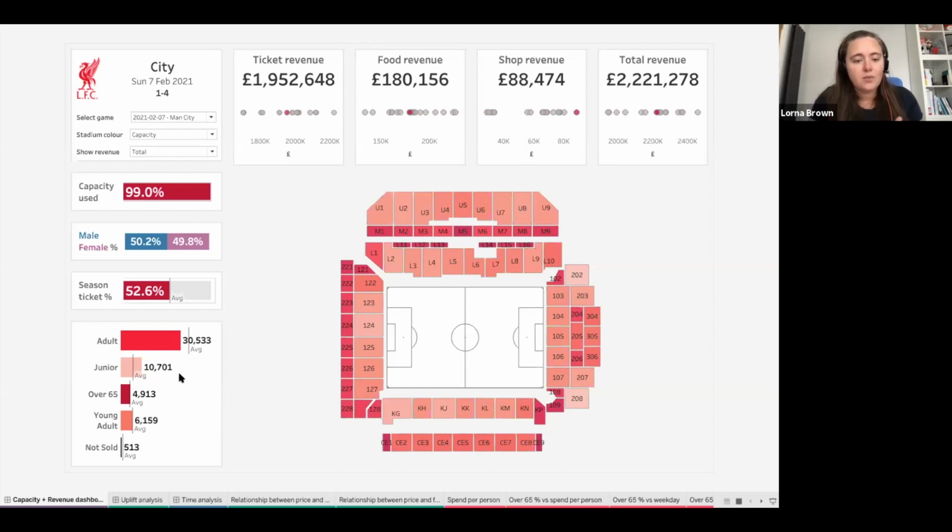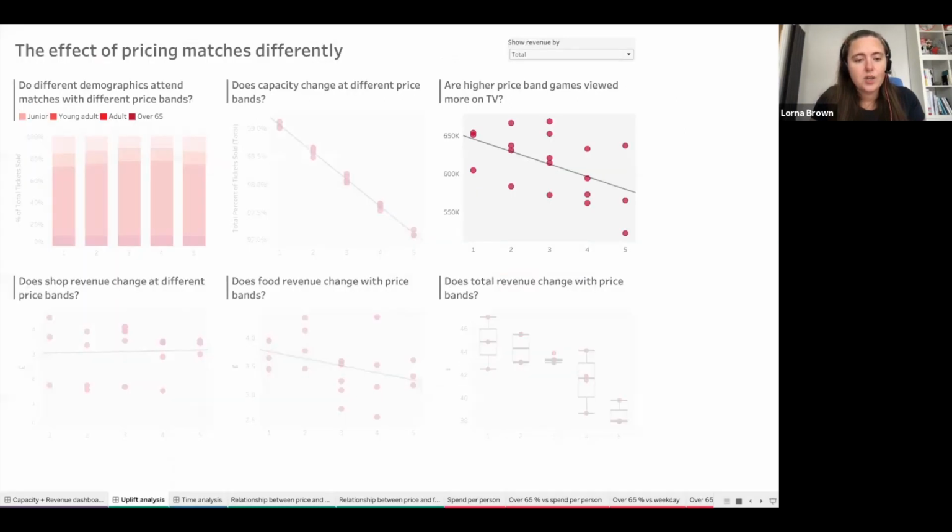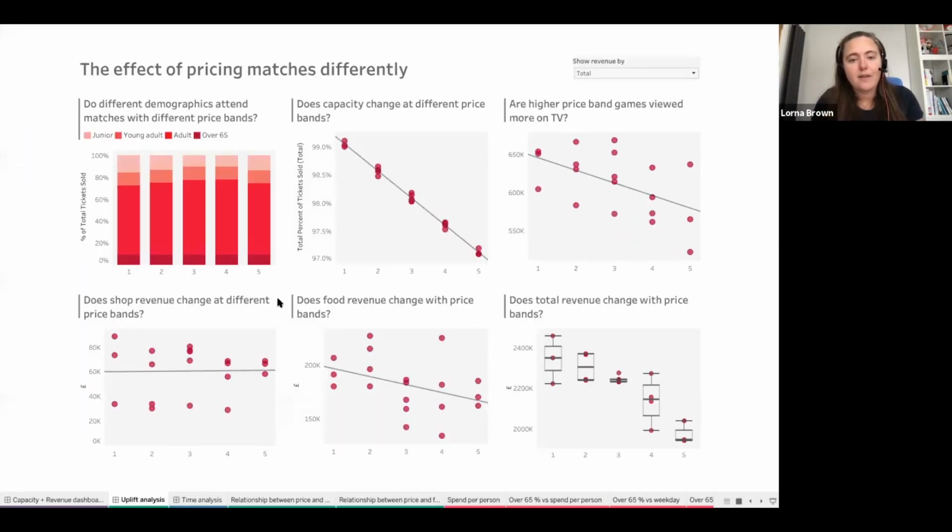But the other thing that we can have a look at here is, how do the different types of game affect any of those data points that we have? So the different bands of the game. Band 1 is if the team finished higher in the Premier League last season, through to lower in the Premier League for band 5.